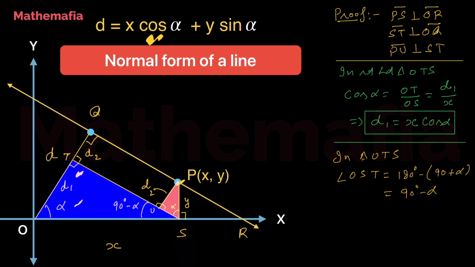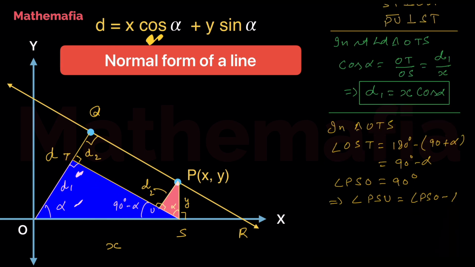And now we know that angle PSO is 90 degrees. This implies angle PSU will be angle PSO minus angle OST, which is 90 minus (90 minus alpha), so this angle will be alpha.